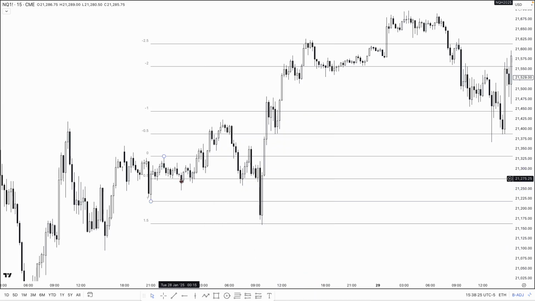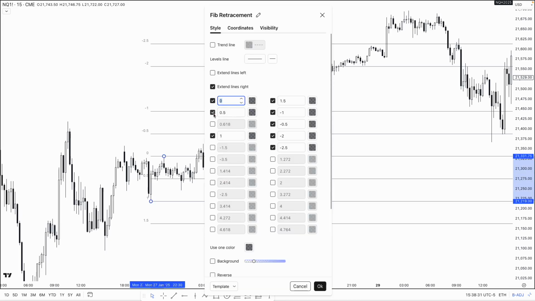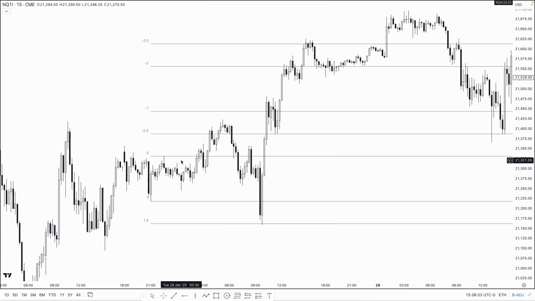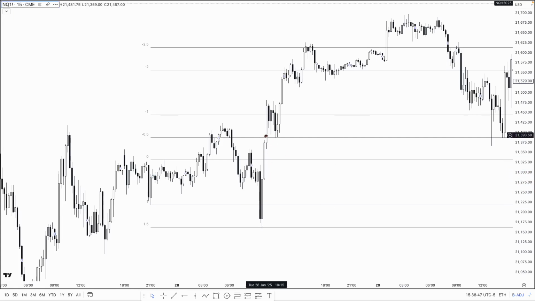Okay, so you can see how we constantly refer to the levels of the defining range. It manipulates lower to the 1.5 standard deviation and instantly moves up, moving back into the defining range and then to the standard deviations of the other side.